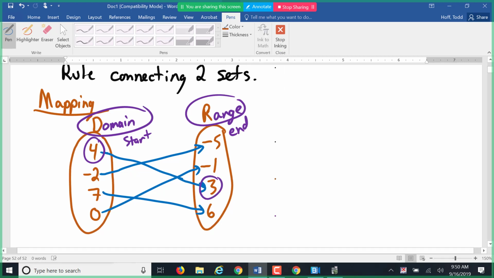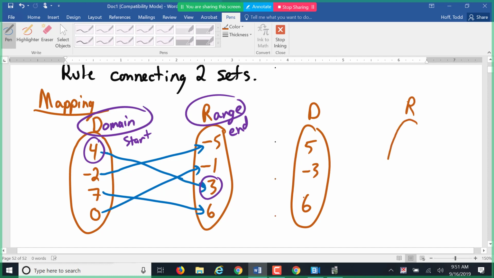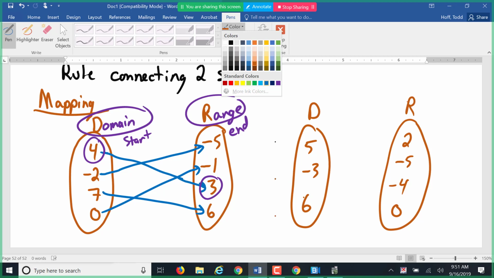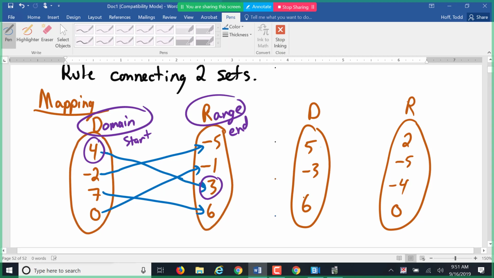Now, it doesn't always stay that simple. We might have something like this, 5, -3, 6, to a range of 2, -5, -4, 0. And our mapping might say that 5 goes to -4, -3 goes to 2, and -3 goes to 0, and 6 goes to -5.